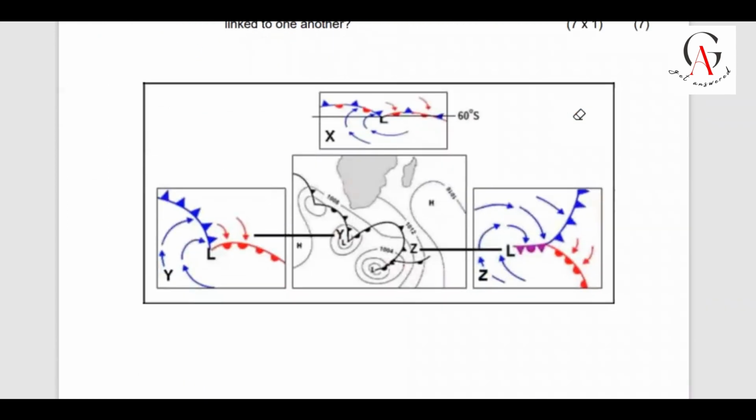This is the figure showing the mid-latitude cyclone. You can see that we have X, Y, and Z here as well. They are different symbols, one in blue, one in red. And you can see the map of Southern Africa, Madagascar here, among others.